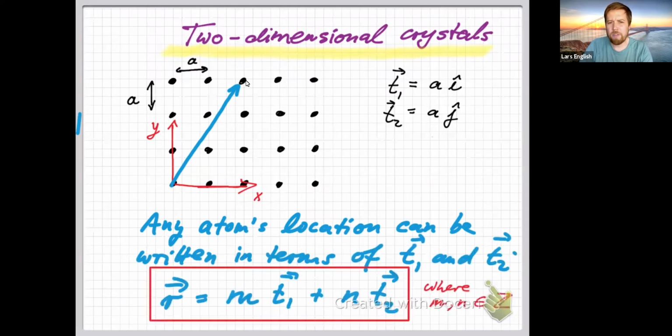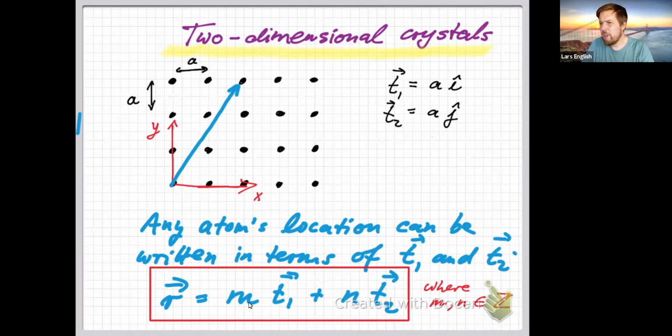Okay, R, for instance, if I'm pointing to this particular atom, then I would have to take 2 steps to the right and 3 steps up, and then I'll end up at this atom, right? Written in terms of these two basis vectors, this would be 2 times T1 plus 3 times T2.